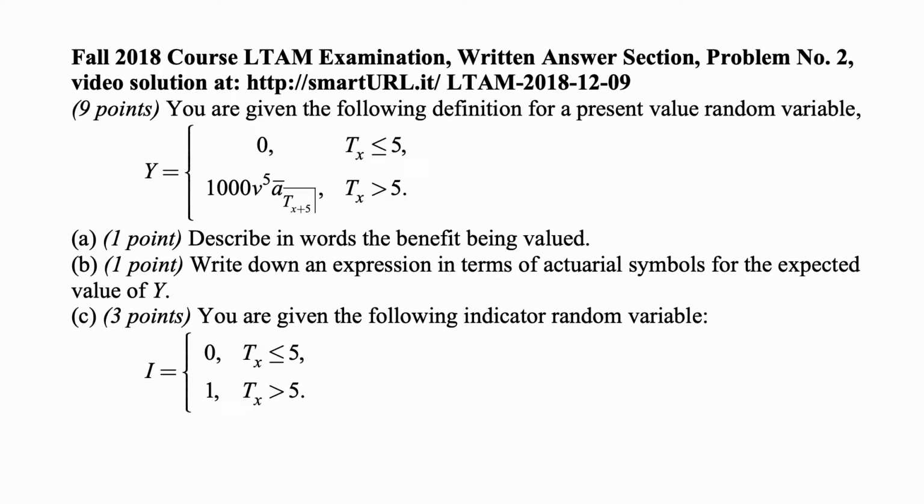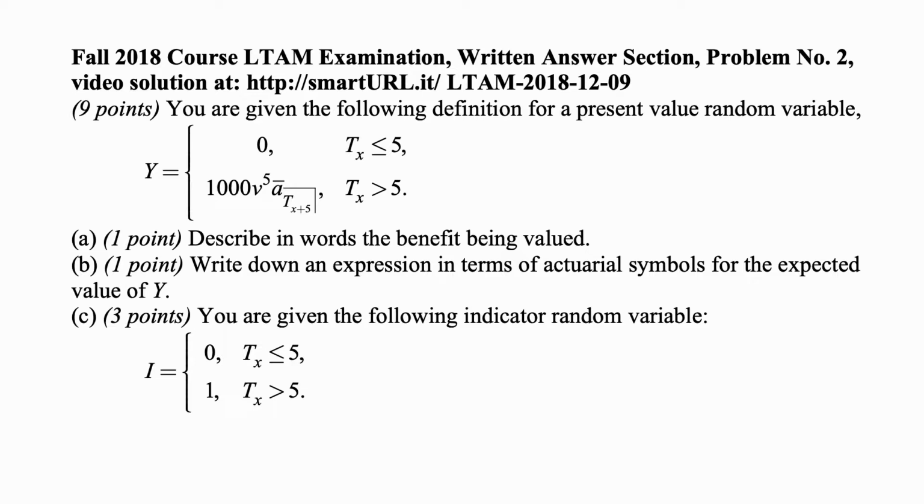And then it's 1000 times v to the 5th times a-bar angle Tx minus 5, which, as you can see, indicates a life annuity at the rate of payment of 1000 per year, but payable starting 5 years from now, continuously as long as the person lives, but only starting 5 years from now if the person lives then, and then paid as long as the person lives. Part A, describe in words the benefit being valued. Well, I just told you that.